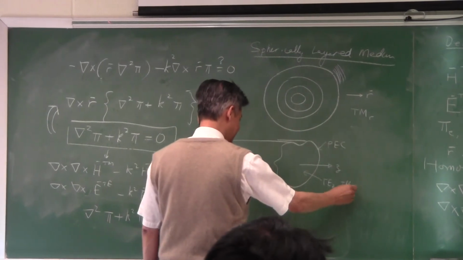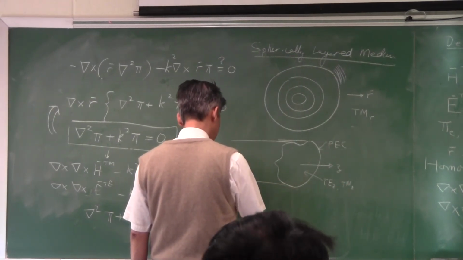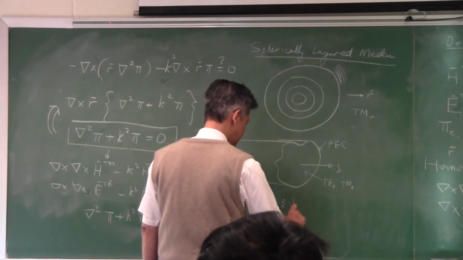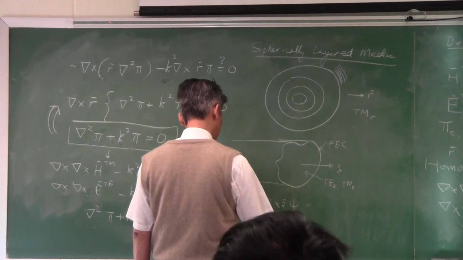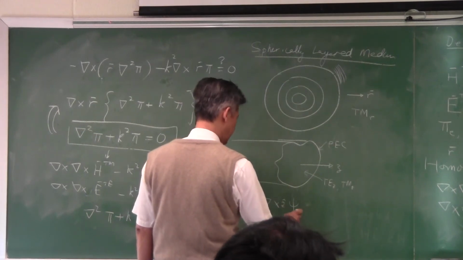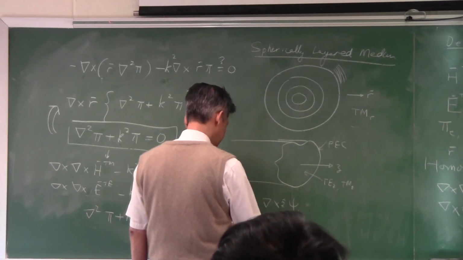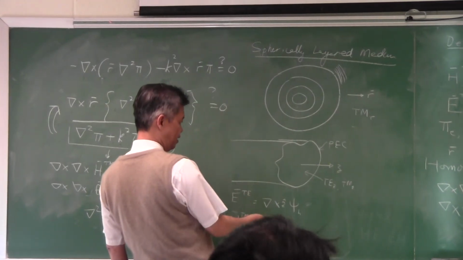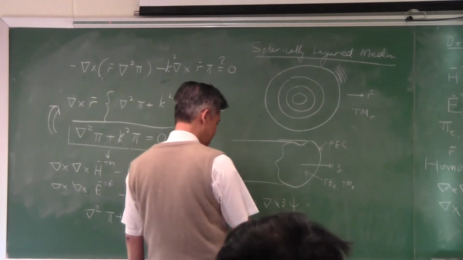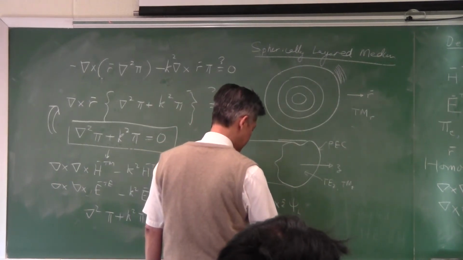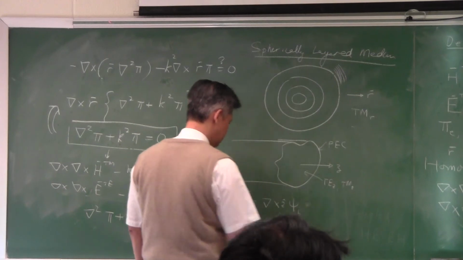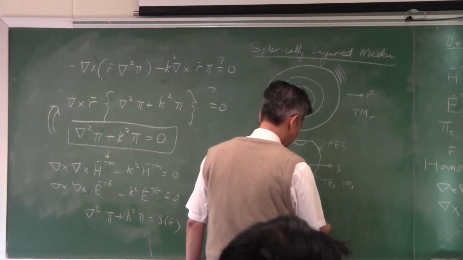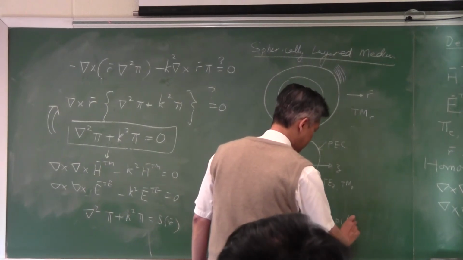In order to construct this kind of wave, you assume that E_TE is curl of Z psi, psi E maybe, and H_TM is curl of Z psi, I call it psi H. This will clearly be TE to Z because there will be no Z component, curl of Z psi E. Z is the piloting vector here.